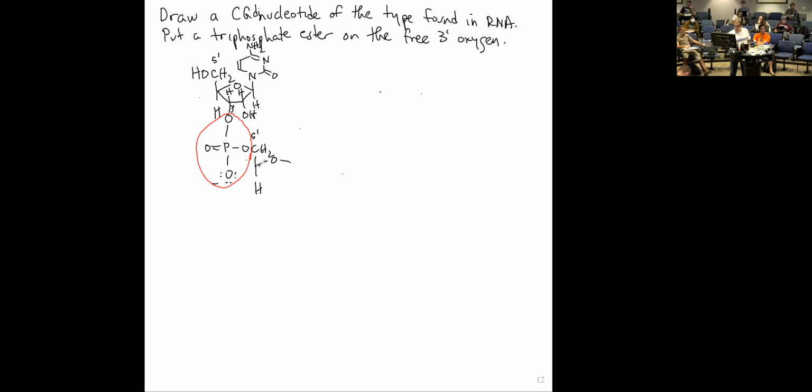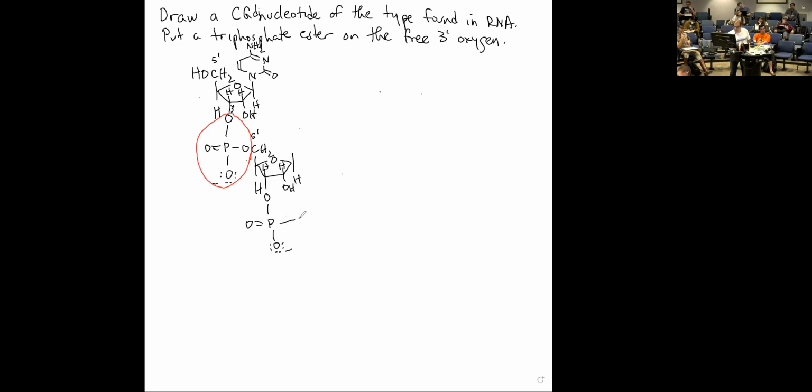And then we have another ribose. That's where we're going to put our nitrogen base. We've got OH over here. The question says to put a triphosphate ester on the free 3' oxygen. So we'll put one there.